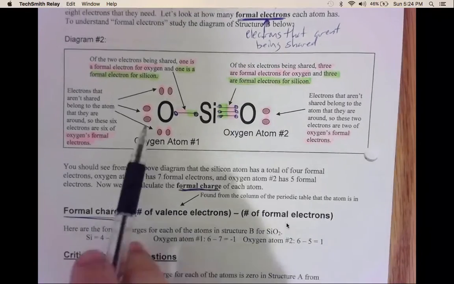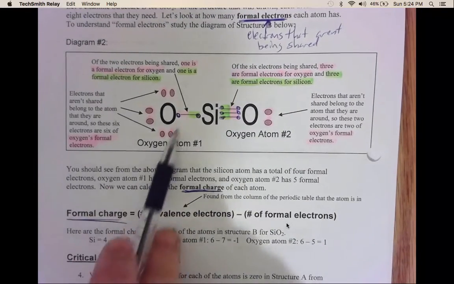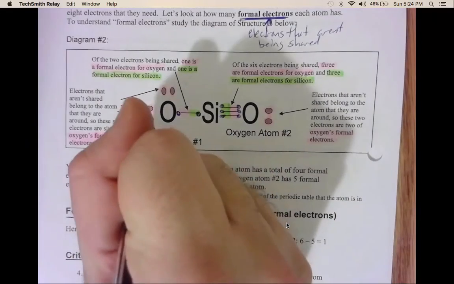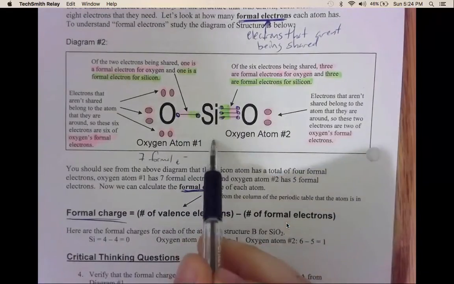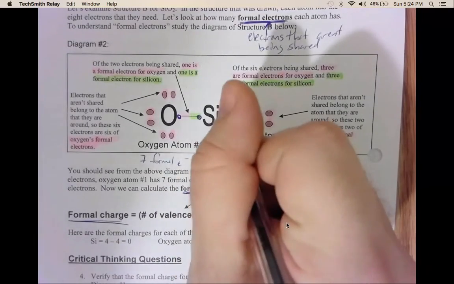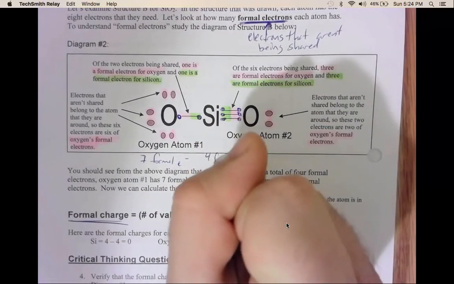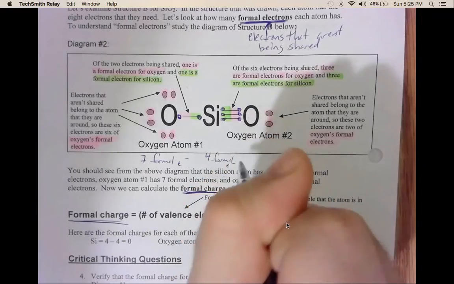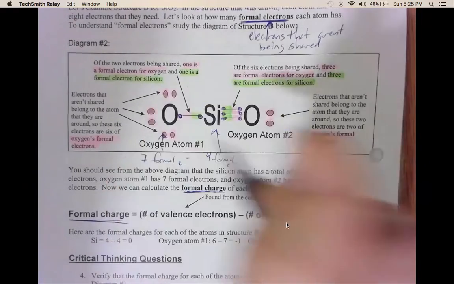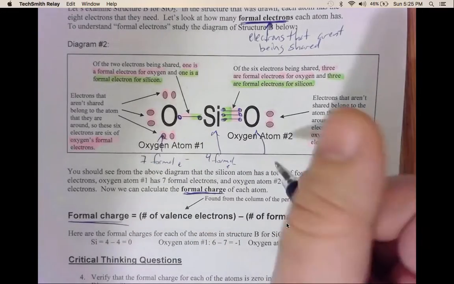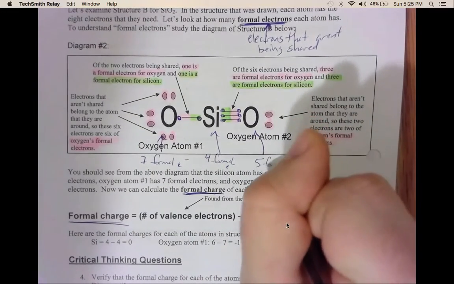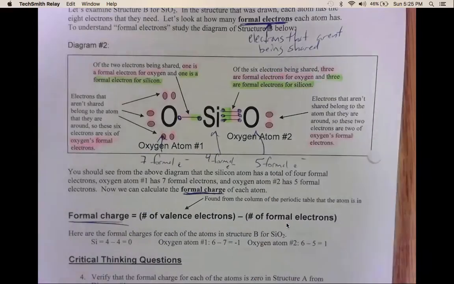So then when we calculate this, we can see that this oxygen has 7 formal electrons. This silicon has 1, 2, 3, 4, has 4 formal electrons. And then we can see here that this oxygen has 1, 2, 3, 4, 5, has 5 formal electrons.